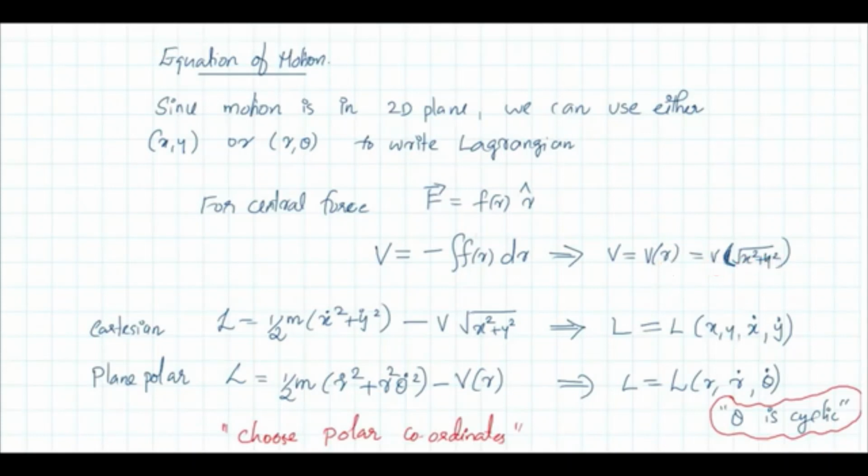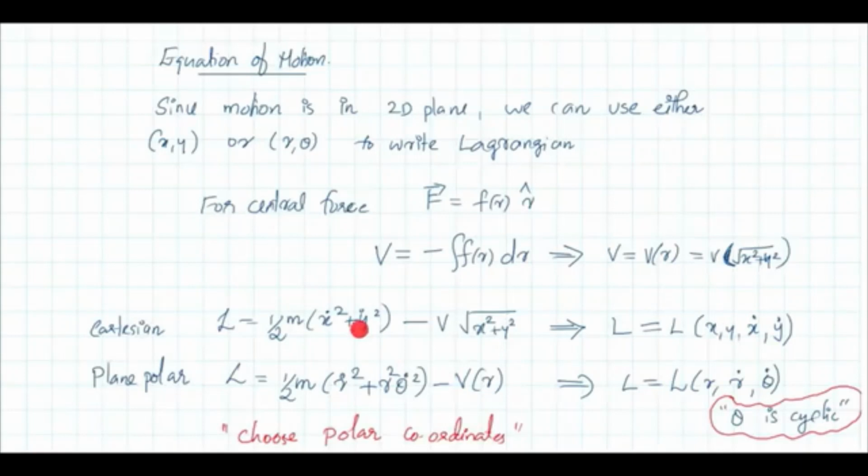So V is a function of r, or we can say that V is a function of x and y. Now, when we write the Lagrangian, we can either use Cartesian coordinates or plane polar coordinates, because the motion is in a plane. In terms of Cartesian coordinates, the Lagrangian is half m v square, where v square is x dot square plus y dot square.